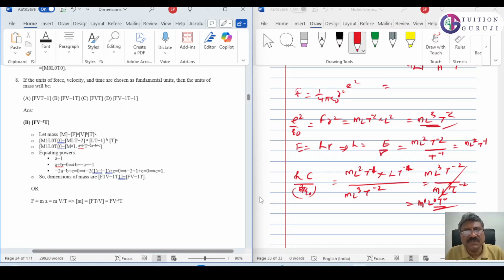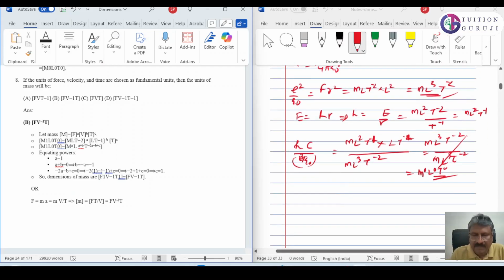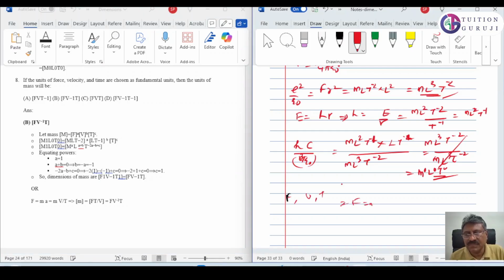If the units of force, velocity, and time are chosen as fundamental units, then the units of mass will be. So the fundamental units chosen are force, velocity, and time. We know that F is equal to m a. We have to find the dimensions of m. So m is equal to F by A. F is the fundamental unit.